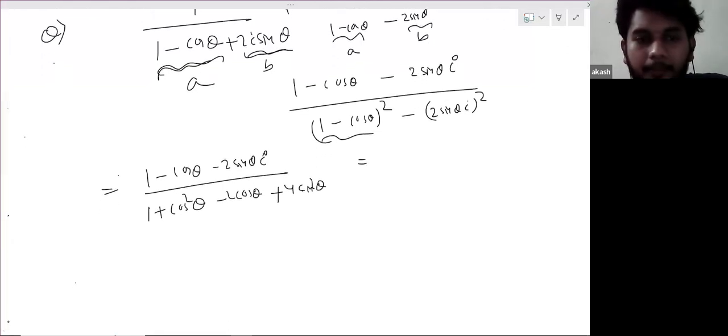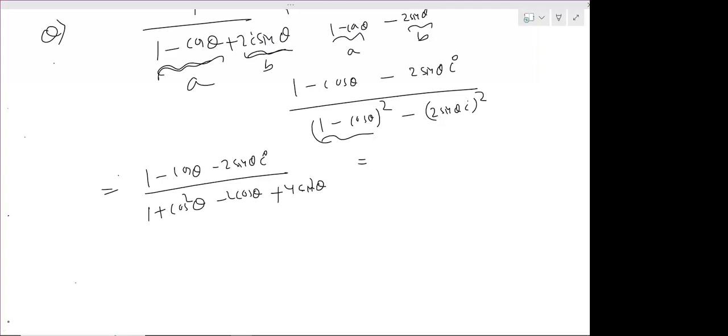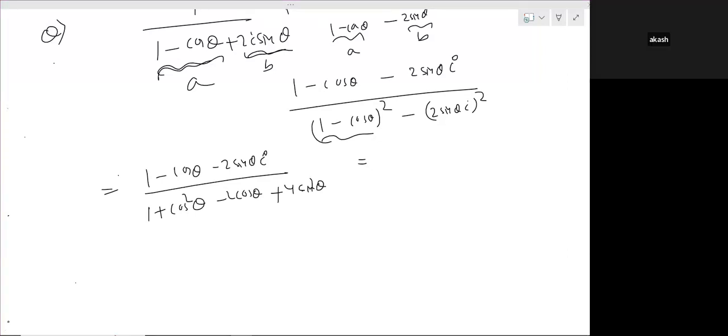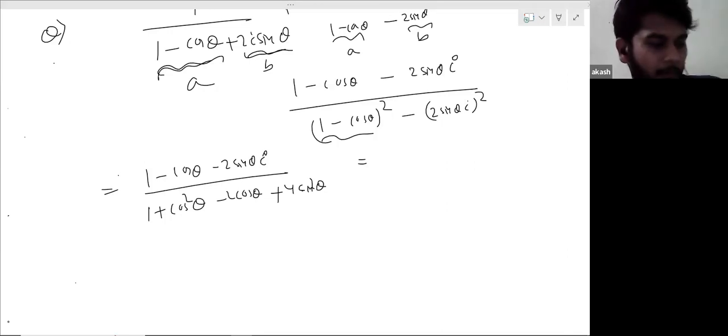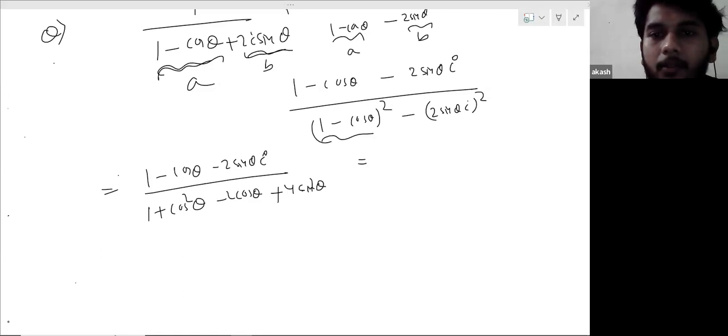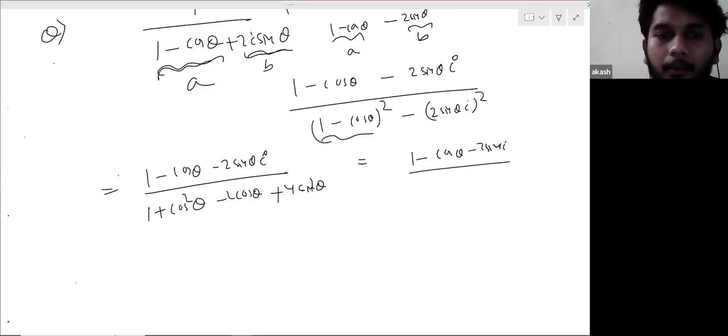So 1 minus cos theta minus 2 sin theta I upon this is 1 plus 4 sin square theta plus cos square theta minus 2 cos theta.